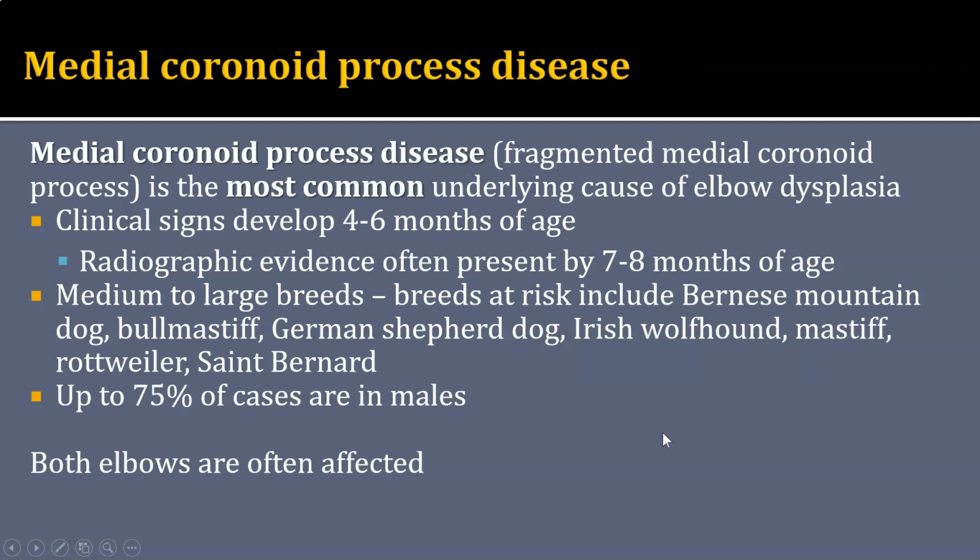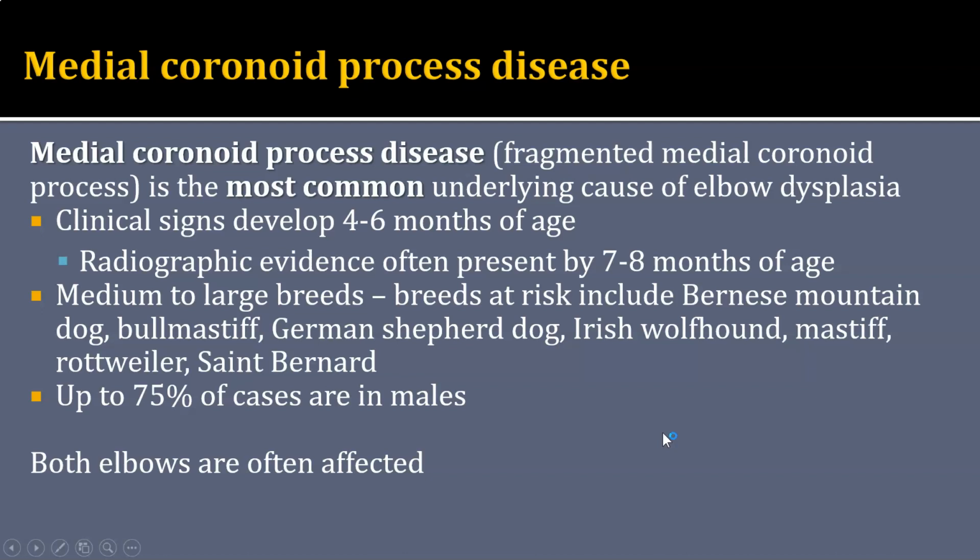And in fact, some patients may not even show much degenerative joint disease at all, or they may not show it until several years of age. The medium to large breed dogs are the ones that are affected, although this slide lists several breeds that are at risk, and you can see those breeds. Other large breeds can be affected as well.